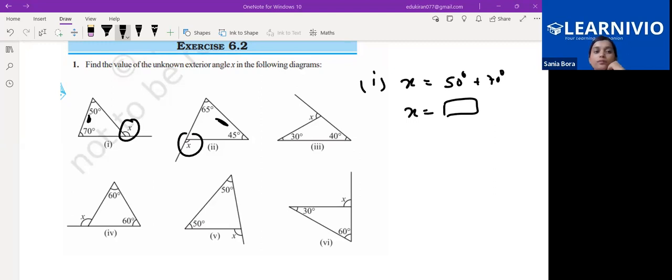Anyone who's still doing? Manisha, Suleiman, are you people here in the class? I'm doing it, ma'am. Okay, finish it. I'll wait for 1 more minute quickly because I need answers from everybody.